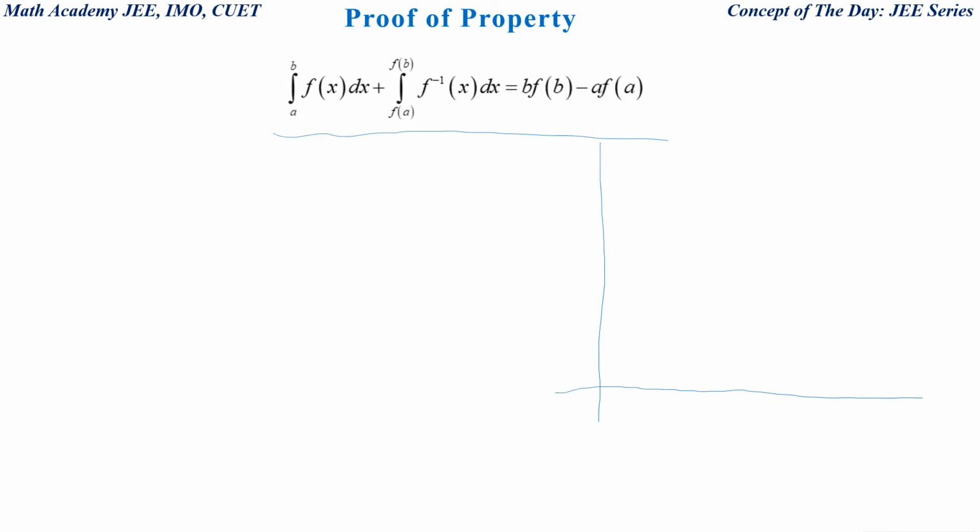So let's take a coordinate system x, y, and there is a general function y is equal to f(x). As you can see, the first part of this property represents the area between the x-axis and this function from x is equal to a to x is equal to b.